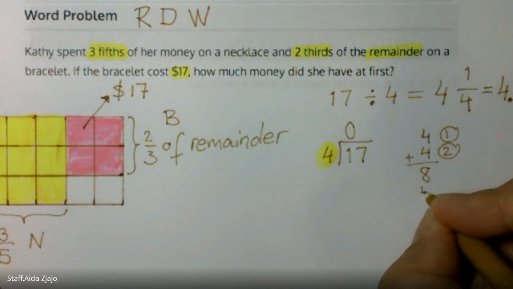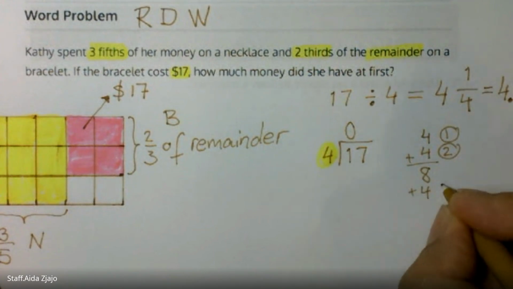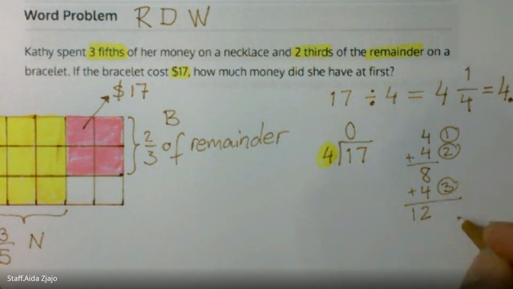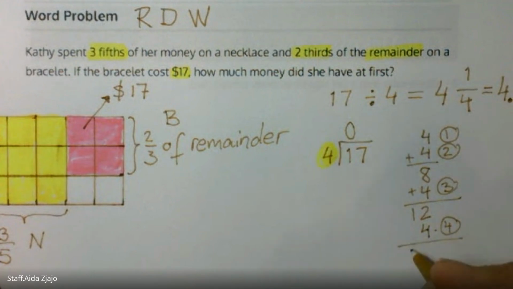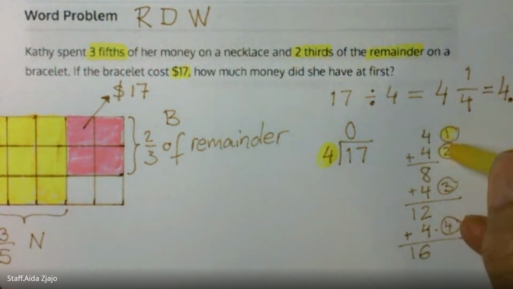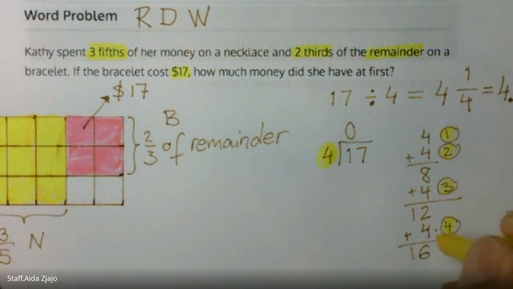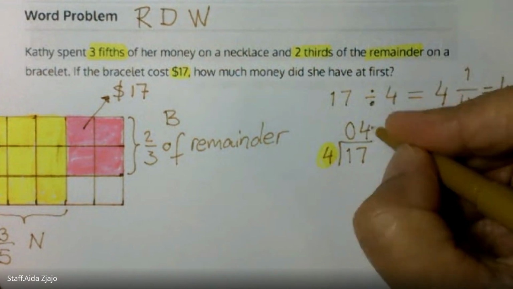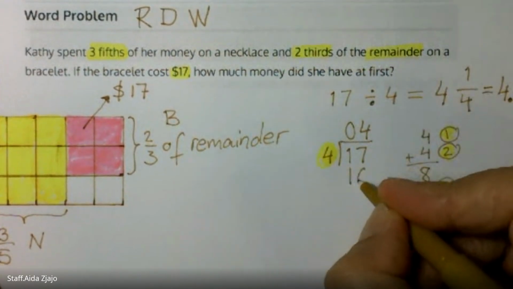And then if I add 1 more, that would be 3/4, and that will make 12. And if I add 1 more, that would be 4/4, and that will make 16. So I cannot go further than this. There are 4 fours in 16. Or we can say, okay, 4 times 4 is 16.